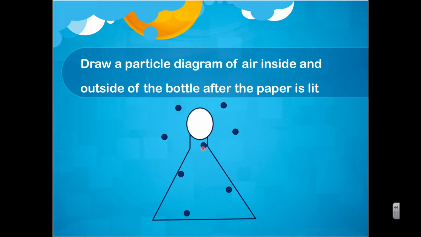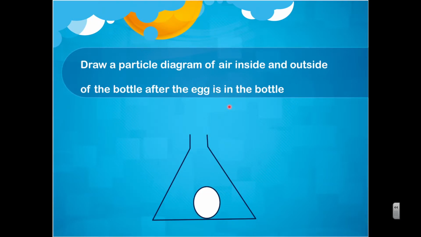So one of these particles is going to leave, and you're going to end up with 5 particles on the outside and 3 particles on the inside. That's going to create a negative pressure, and these outside particles are going to push the egg in. And after the egg is in the bottle, they are going to equalize their pressures again. So you should still have 4 particles on the inside and 4 particles on the outside.